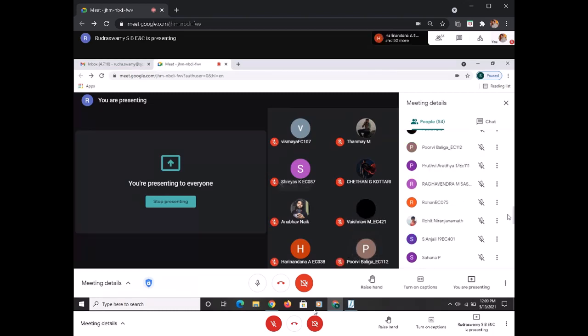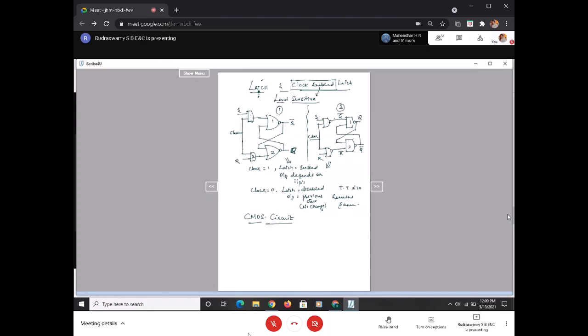Using a transmission gate? No. Anyone having an idea? Okay, it's a very simple thing. You can just look into the structure only and you can say.